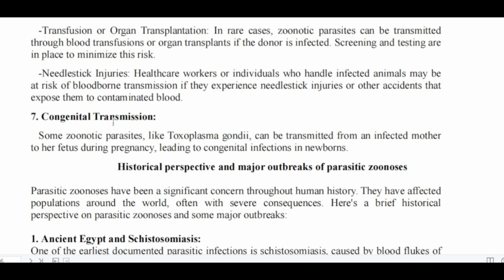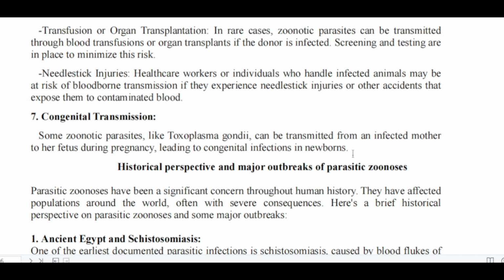And then lastly, congenital transmission. Zoonotic parasites like Toxoplasma gondii can be transmitted from an infected mother to her fetus during pregnancy, leading to congenital infections in the newborns.